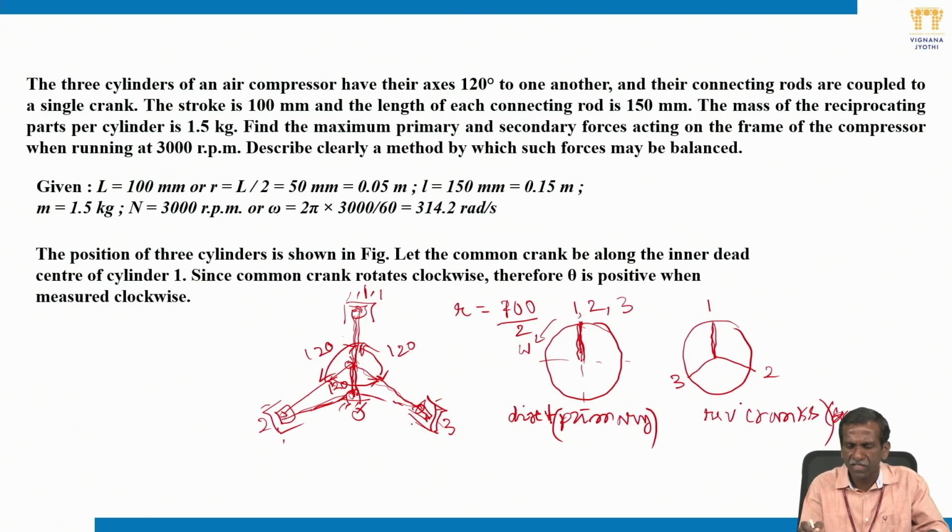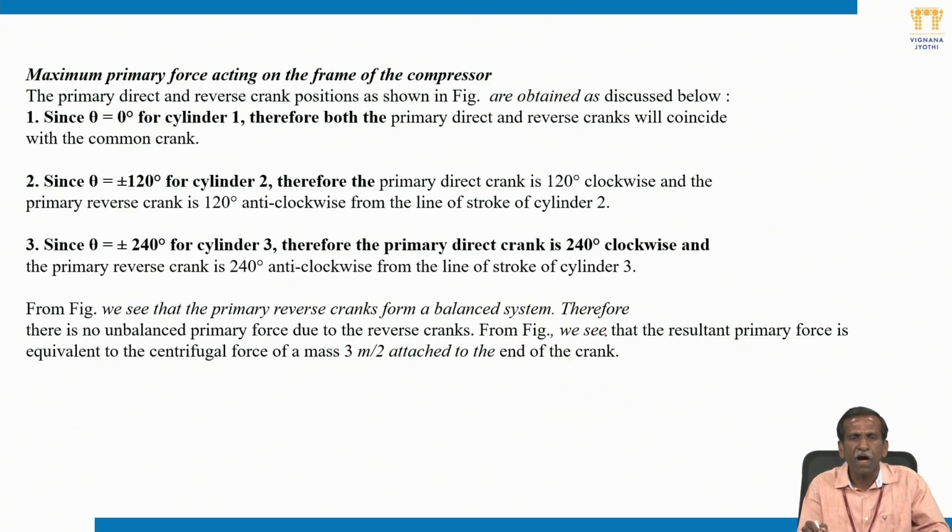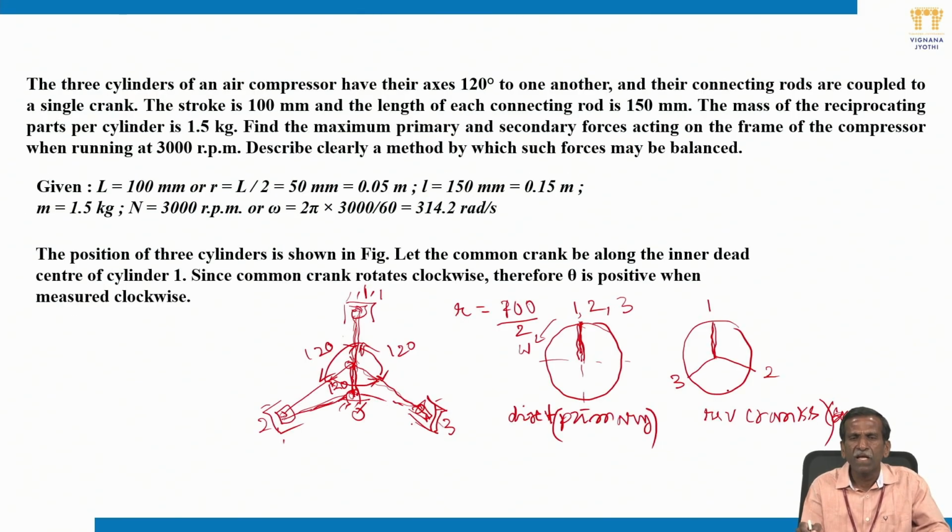These are the primary reverse cranks, as we have seen, and therefore there is no unbalance of primary force due to the reverse cranks. From the figure you can see that these will be balanced. For the primary there is no unbalance because all are in this direction.